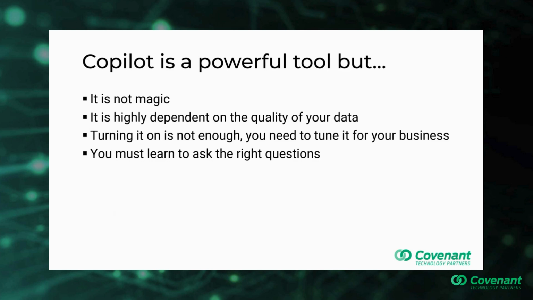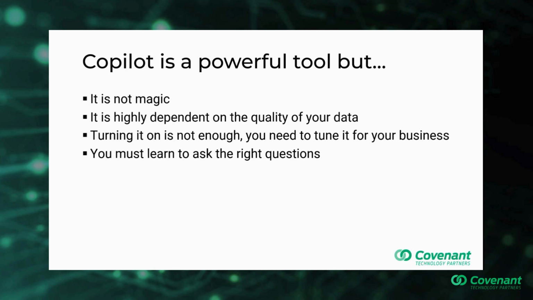If you've played around at all with Copilot up to now, you likely see that it is relatively powerful, but there are a lot of limitations, and people tend to get frustrated with it quickly. One, it's not magic. It doesn't inherently understand your environment or your data.